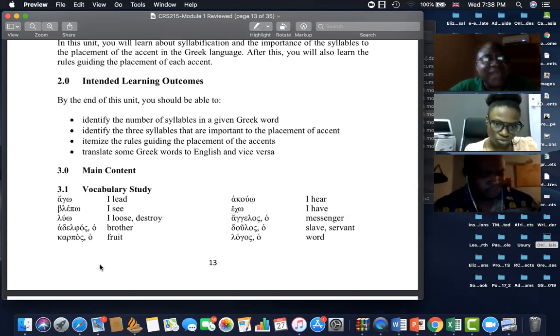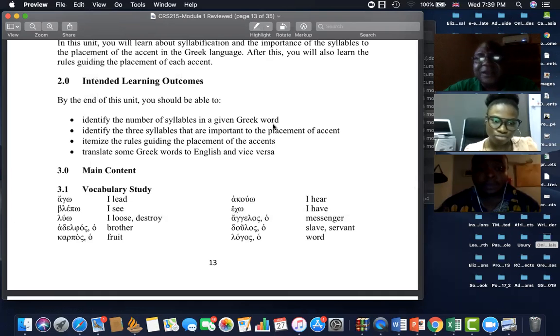The next one is adelphos, which means brother. Okay, we have 10 minutes more, so we have to rush up. The next one is karpos, fruit. The next one is akuo, I hear.